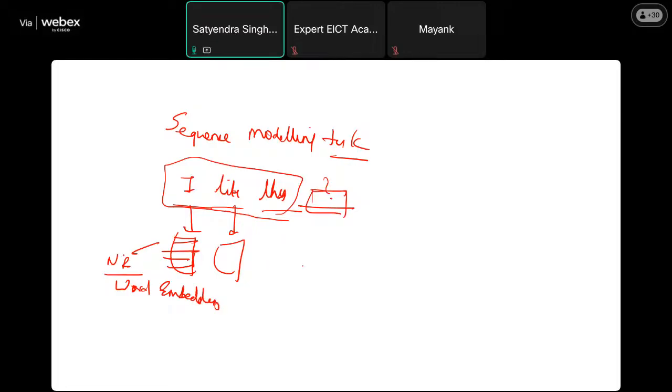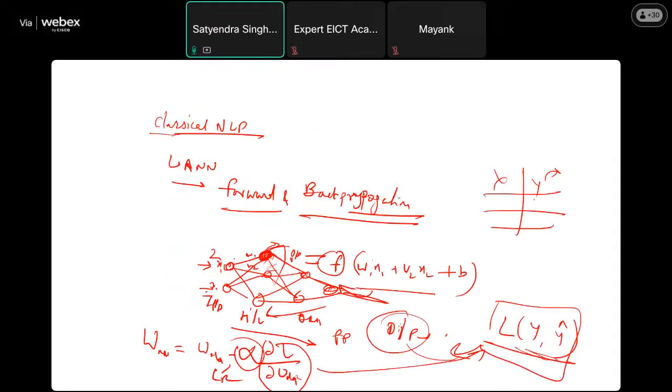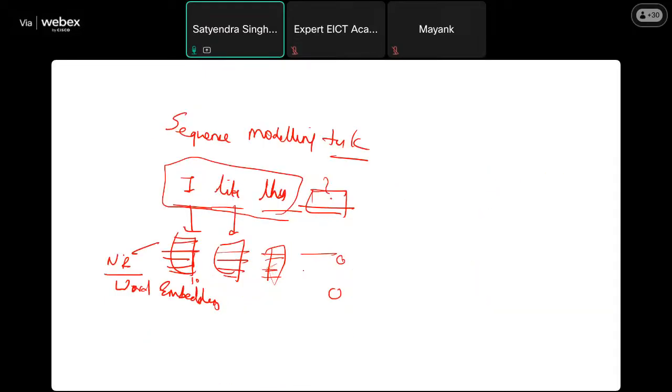In a basic neural network, for example, let's say each word embedding has a size of 10. So these word vectors are of size 10. If you have three vectors, then for predicting this, you give all those 30 values as an input to a network.